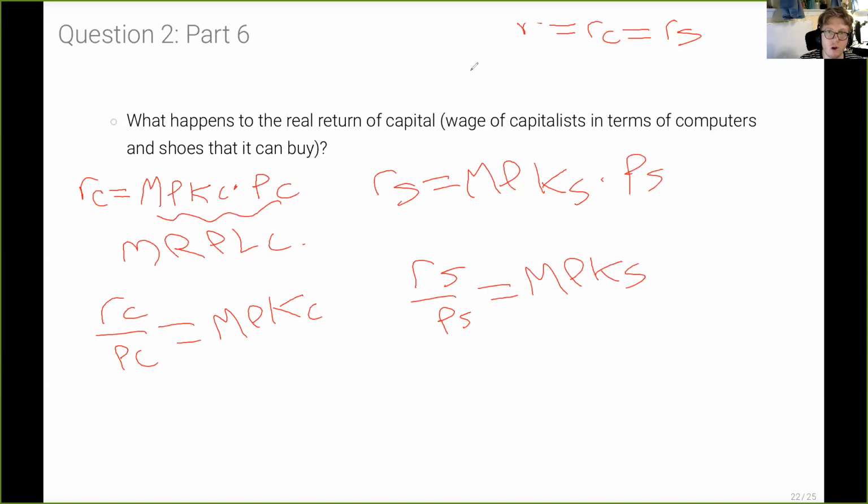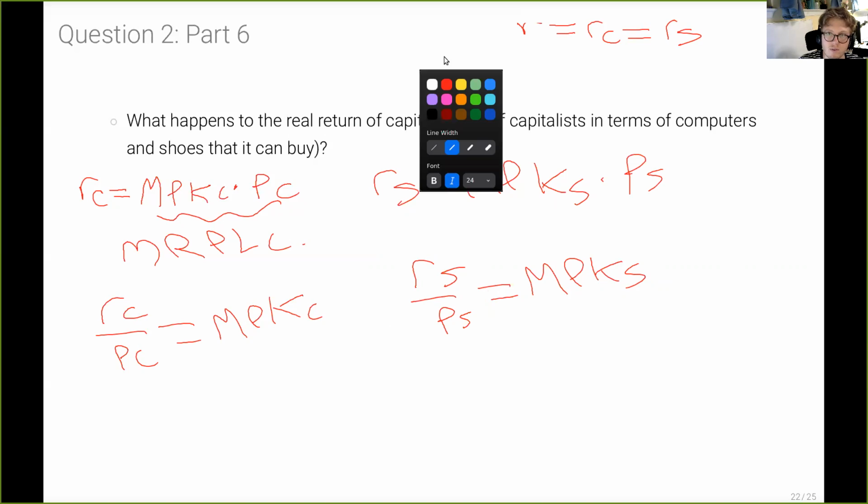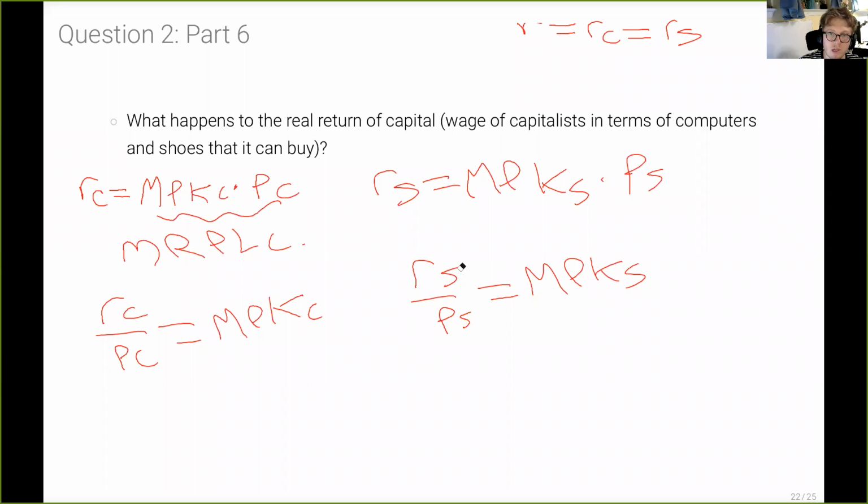Note that if you're confused, it could be that capitalists are paid a different wage in the shoe industry and the computer industry. Note that if there's production in both, that means they're hiring in both, and so both industries must be paying capital exactly the same, or else capital would choose to flee and only work in one industry, the industry in which it'd be paying a higher wage.